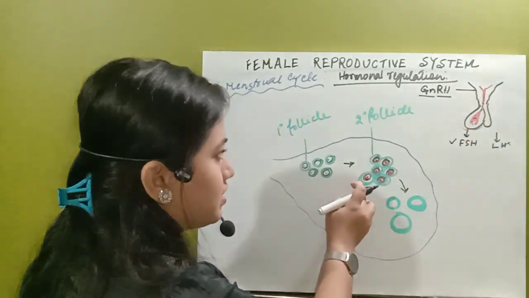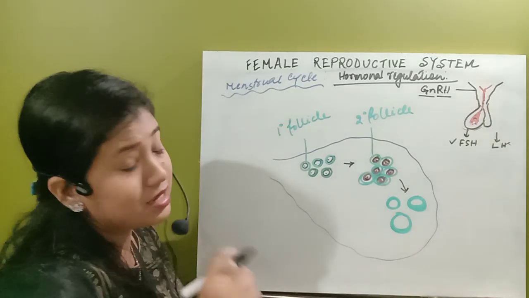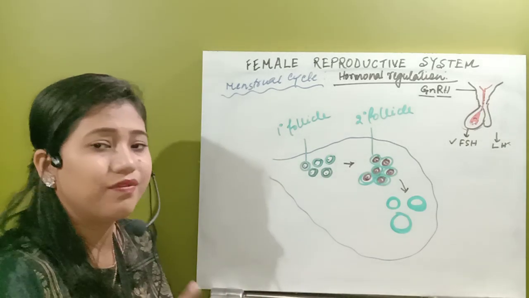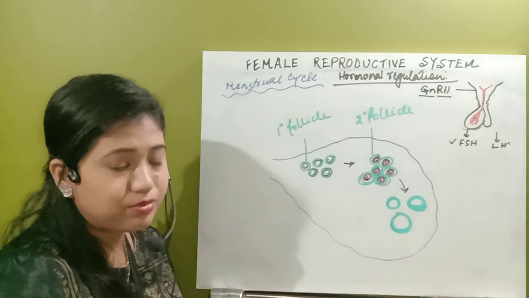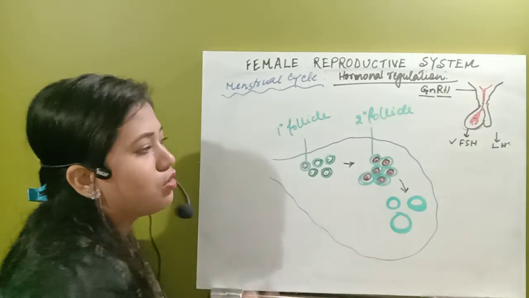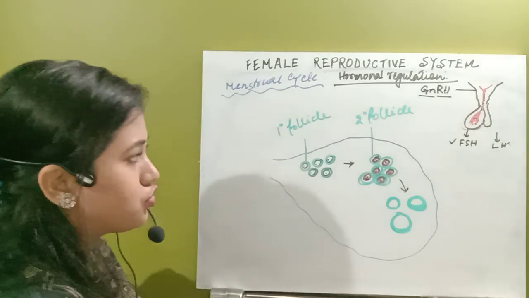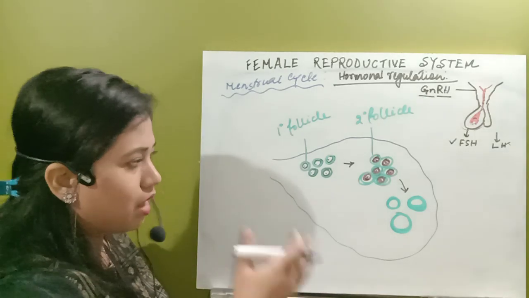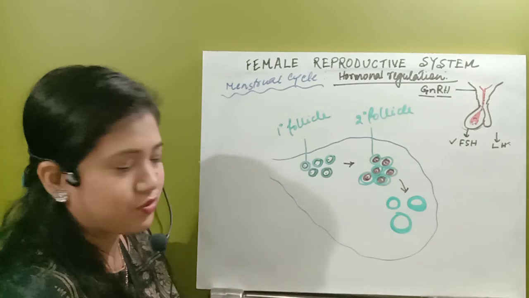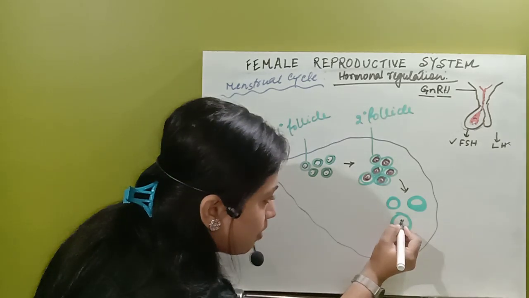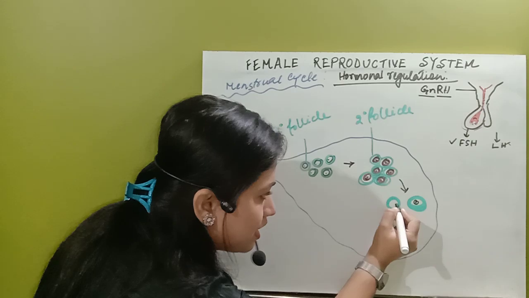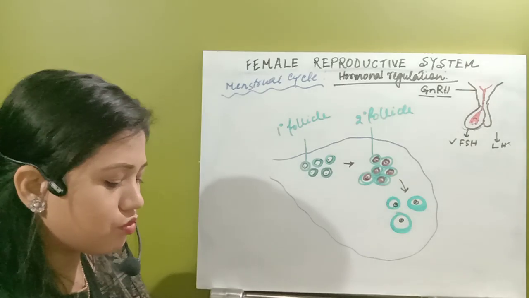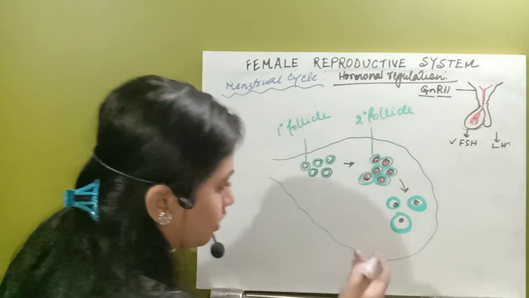So it is present there in the secondary follicle, and in the secondary follicle also a very important thing is developed, that is the non-cellular zona pellucida layer. So the primary oocyte itself will develop the zona pellucida layer around it. Now see, this primary oocyte is still there, but around it there is the zona pellucida also.